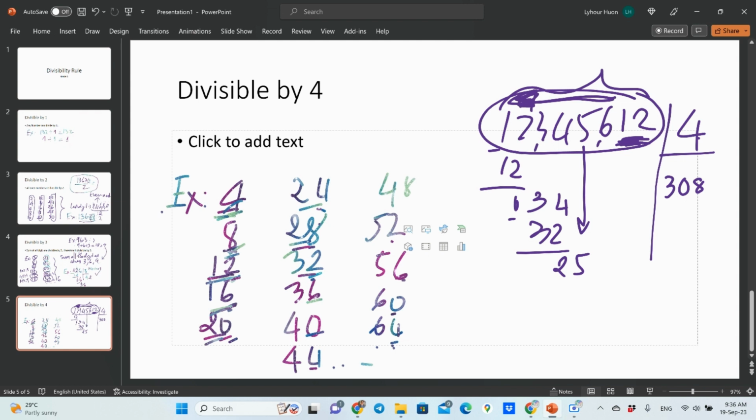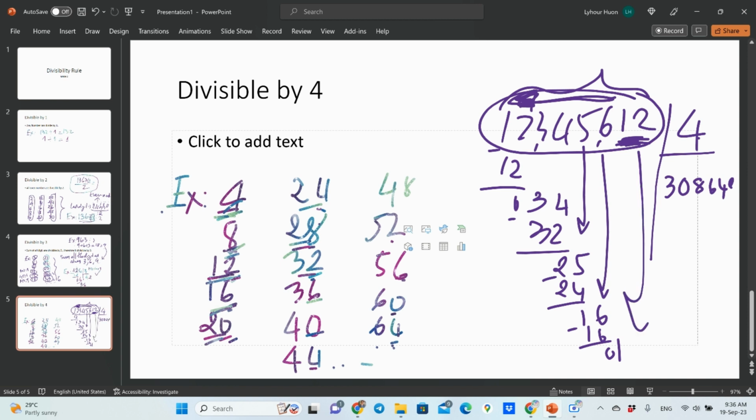We have 6 times 4, 24, and then we have 1, and we drop the 6. So this is 4, 4 times 4, 16. 0. So we drop 1, cannot divide, we add 0 and drop the 2, and then we have 3. Right? So then it's divisible. Then we can conclude that this rule is correct.